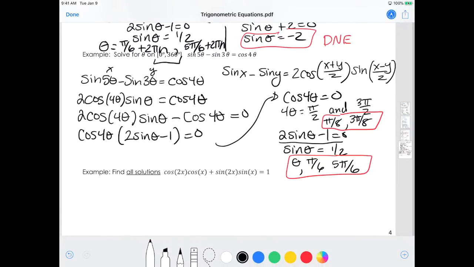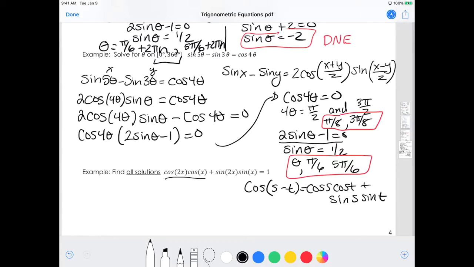Okay, last example, we're going to use the sum and difference formulas. If you recall, the difference of angles for cosine formula, S minus t would be cosine S cosine t plus sine S sine t.